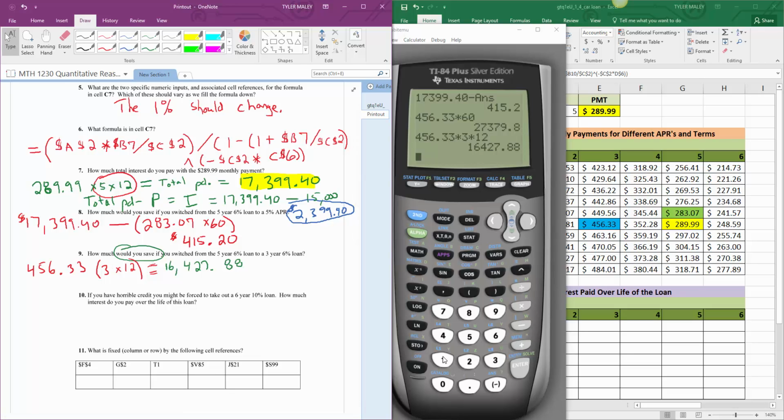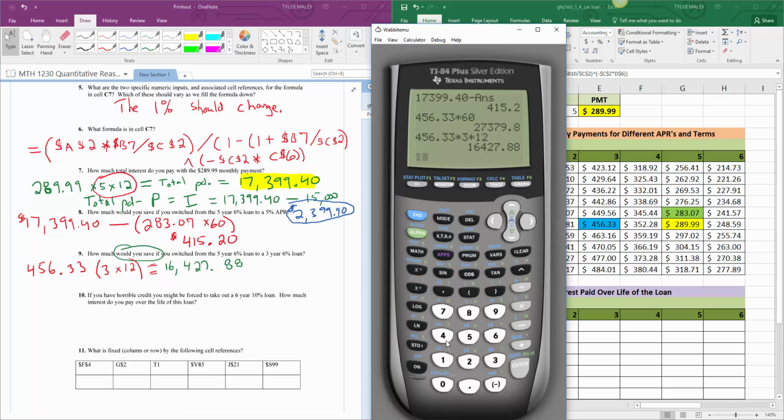So if I take the $17,399.40 and subtract off the $16,427.88, then I'm getting $871.52.